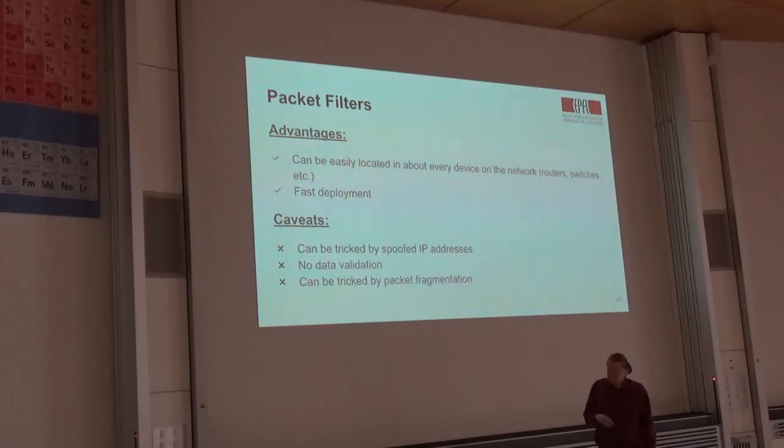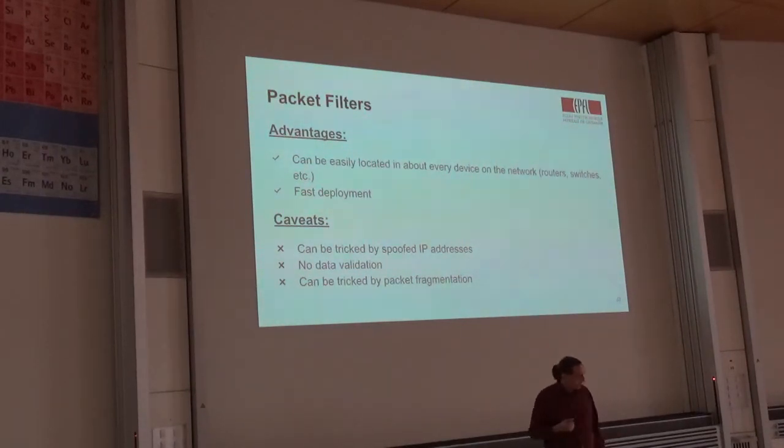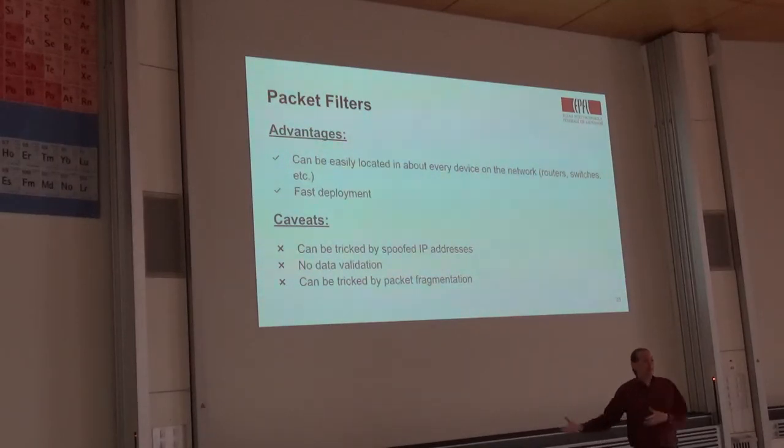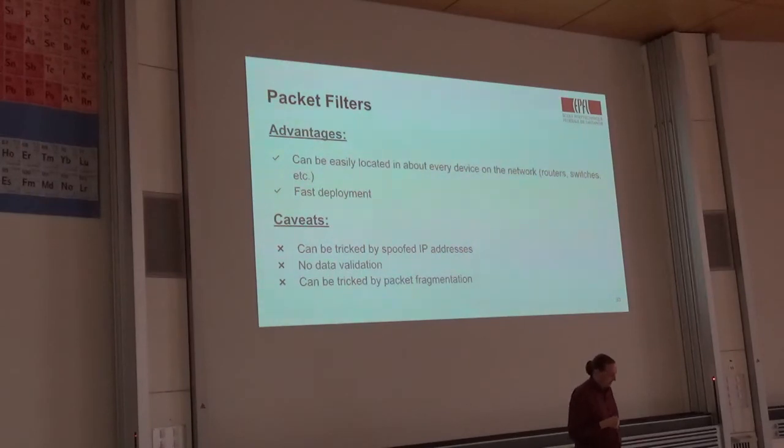For example, IP, the Internet Protocol, has a very basic feature called fragmentation. So you send a big packet across the Internet. Somebody in the middle of the network can and might well break it into several smaller IP packets. It's a standard IP protocol feature.